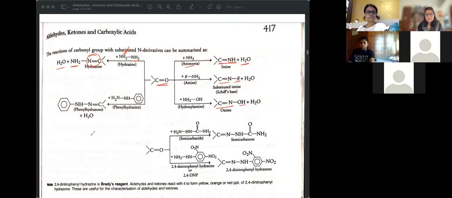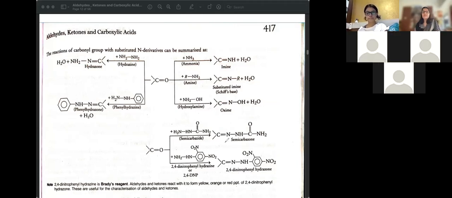Do you want to write this flow chart so that you have your understanding, and then you go through each of the reagents? Ma'am, write it right now? Right now. Because we're anyway studying addition of ammonia derivatives, right? So it'll happen together.